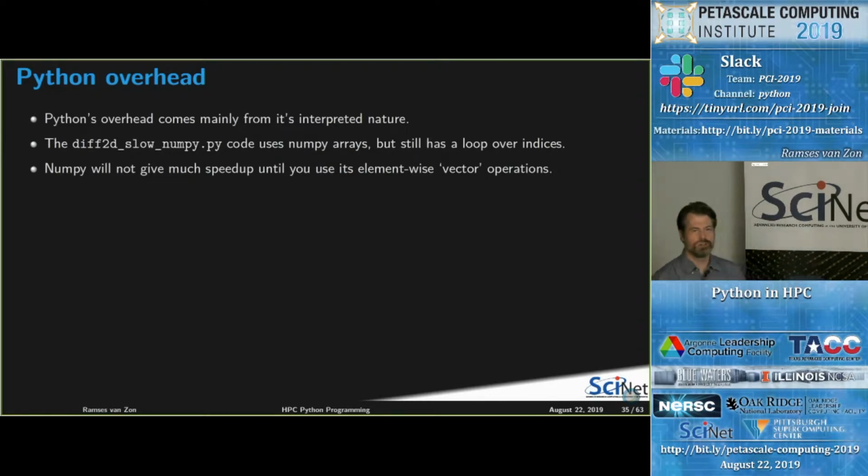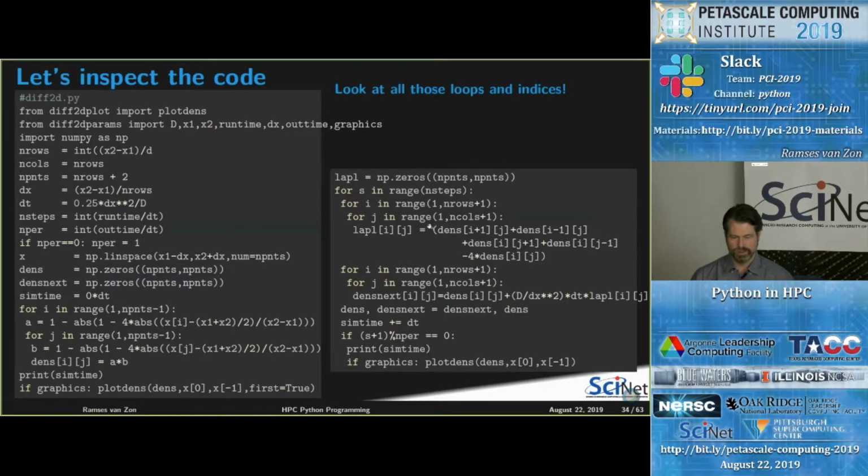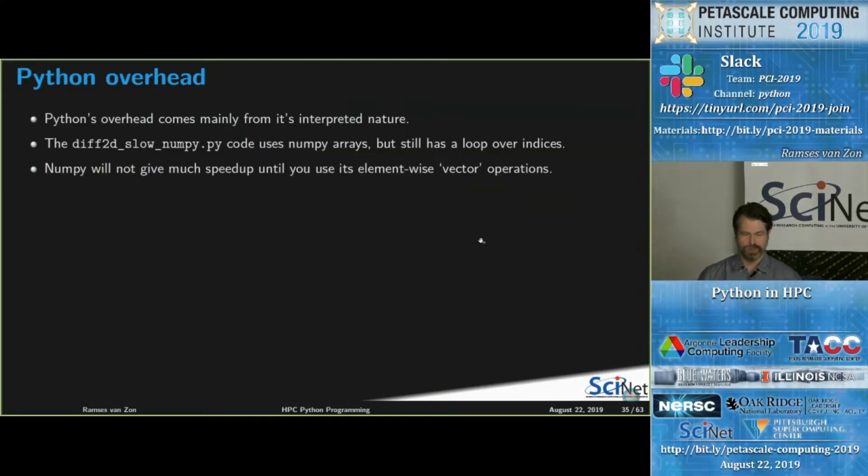If you think about why that matters, it's because Python's overhead mainly comes because every line is interpreted. So whenever I have a nested loop like I have here, this line gets interpreted n steps times n rows times n columns times. Reinterpreted, reinterpreted, reinterpreted. Then it has to check this line, it still has to check where i and j lie, and then can do something, right?